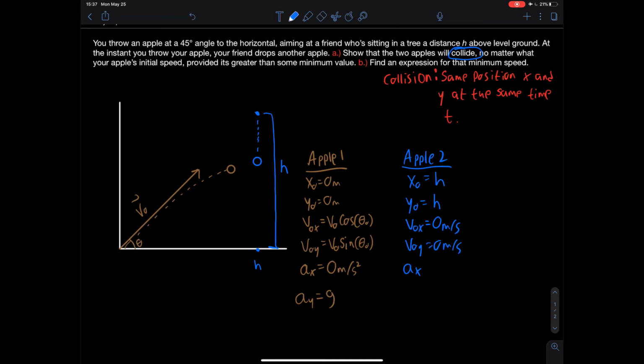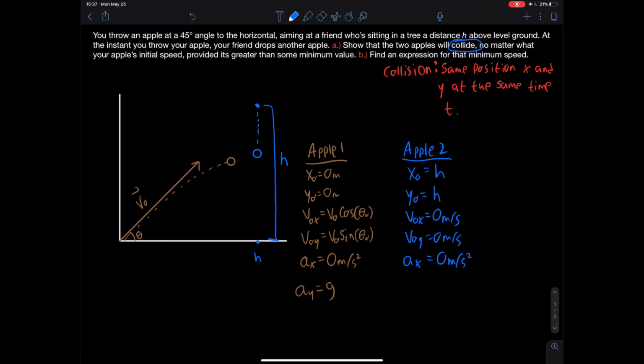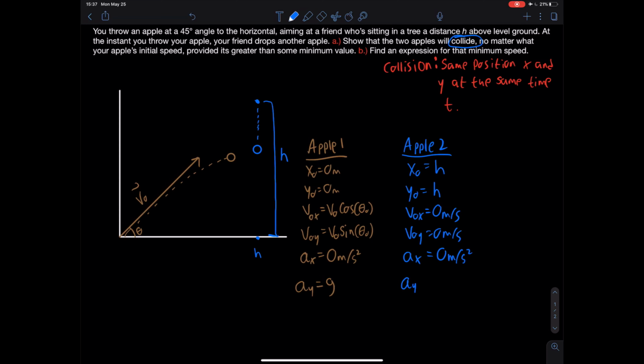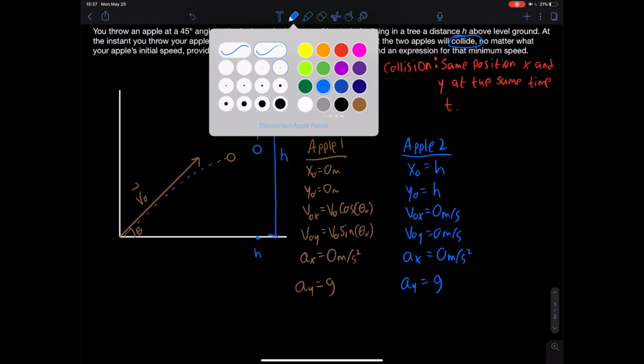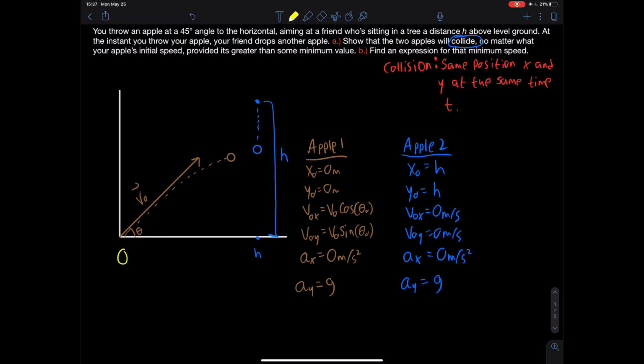Now, similarly, we're not accelerating apple number 2 in either direction, so that's just going to be 0 meters per second squared. And similarly, again, the acceleration in the y direction is going to be g. Okay, so we've got a bunch of information, and we can make one final note over here that our launch angle was 45 degrees. And so now we're ready to start solving.